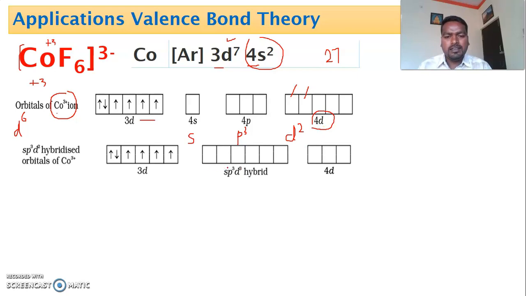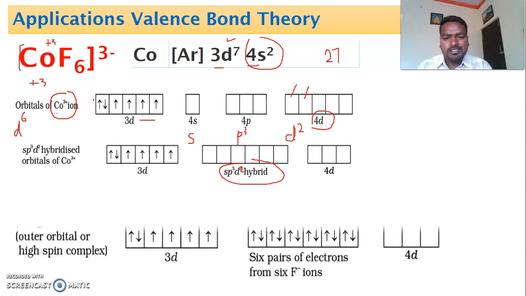And these are the 6 hybrid orbitals, sp3d2 hybrid orbitals of cobalt, and to these 6 orbitals come the 6 pairs of electrons from fluorine. Each fluorine is going to provide 2 electrons.